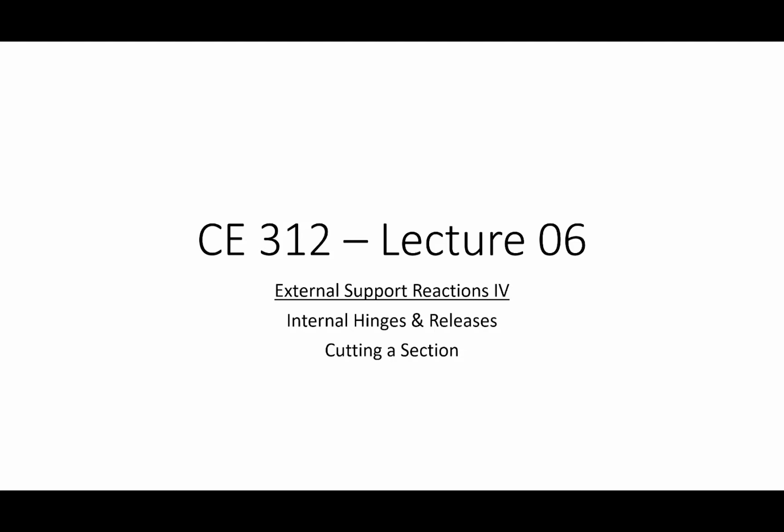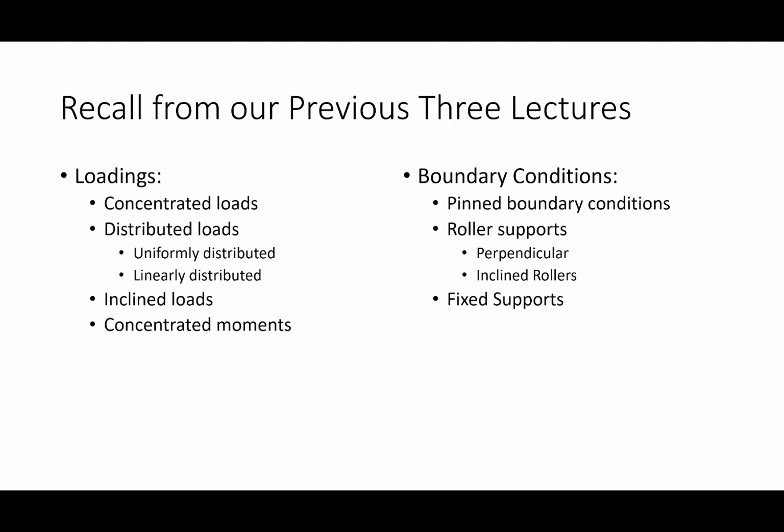Our last lecture, and so today we're probably handling our most complicated type of problem, and that is any type of structure that has an internal release. The reason they are the most challenging is because if you remember the equation for classifying a structure, we've been solving problems up until now that have 3 reactions. Well, if you throw in an internal release, you have to throw in another reaction in order to get an I value of 0.